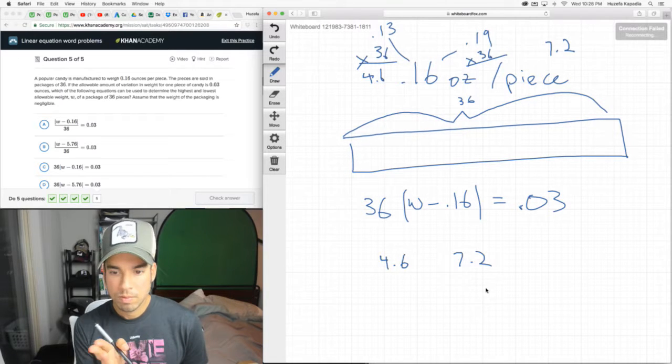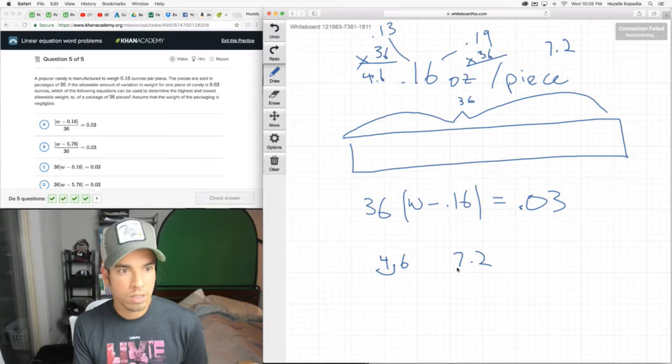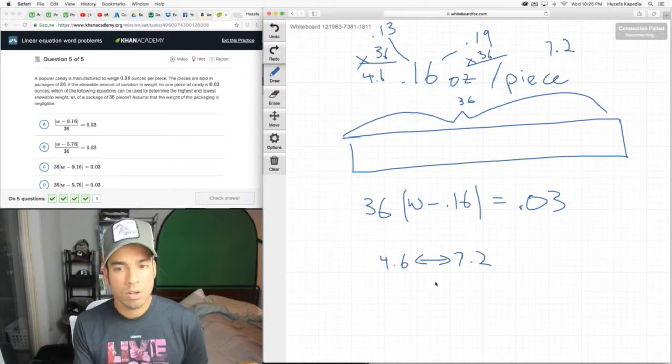All right. Let me just see if that makes sense here. 0.16. Oh, no, the decimal's got to be over. 0.46 and 0.72. Nope, that's not right. I think I had it here. Yeah, no, I had it right. 4.6 to 7.2. This is the range.